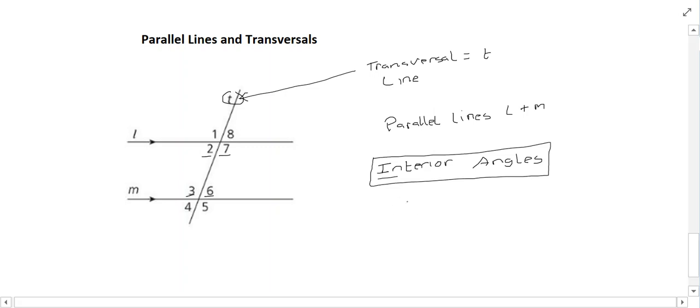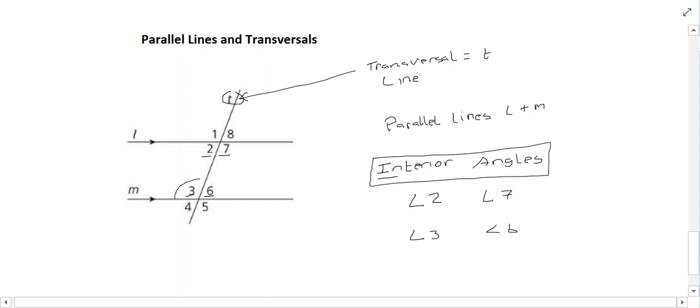So we have the angle 2, and we have the angle 7. Both interior angles. And then we have the angle 3 and the angle 6. Both interior angles.